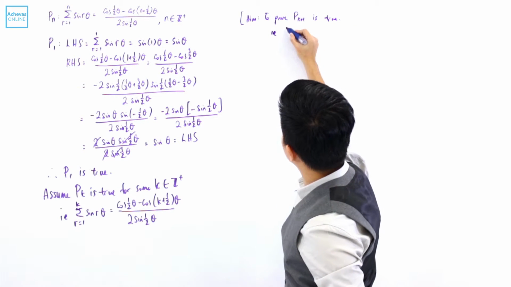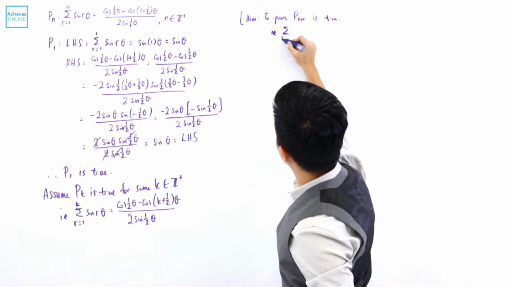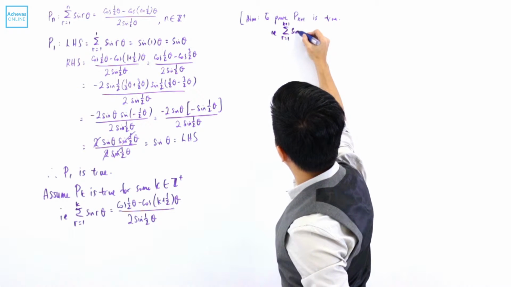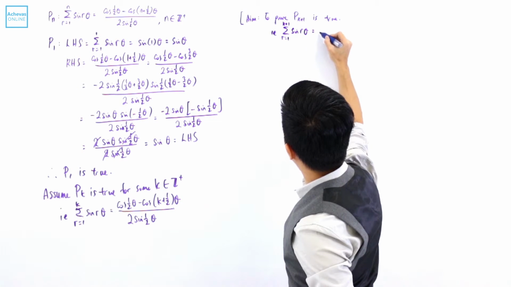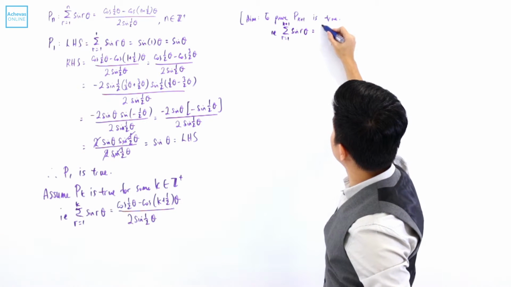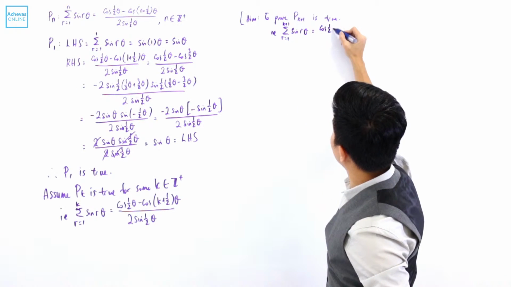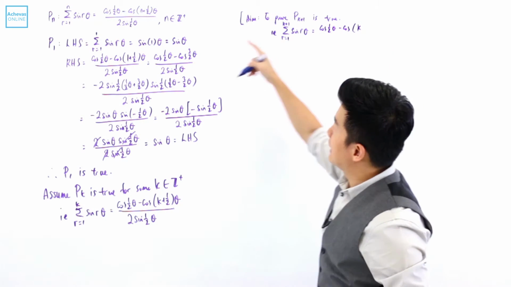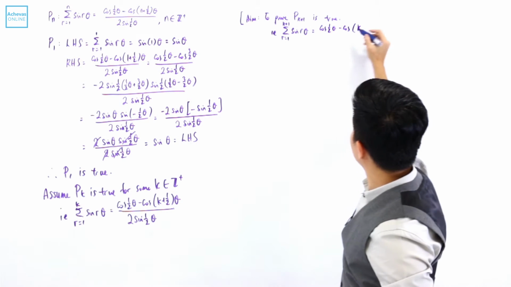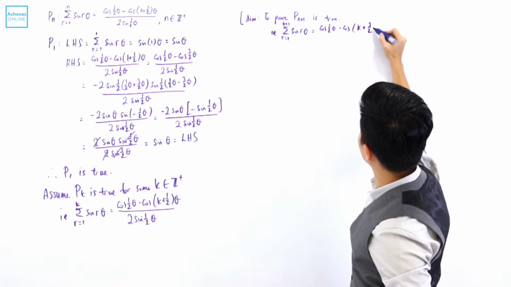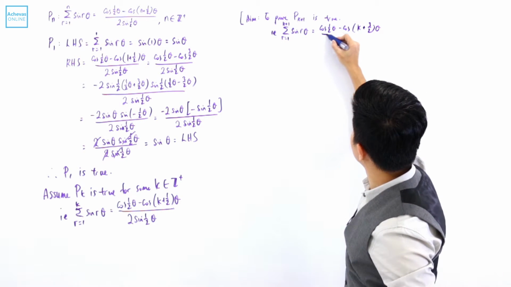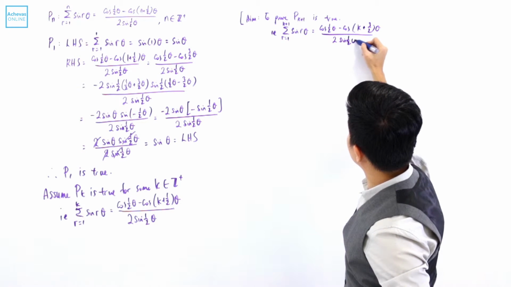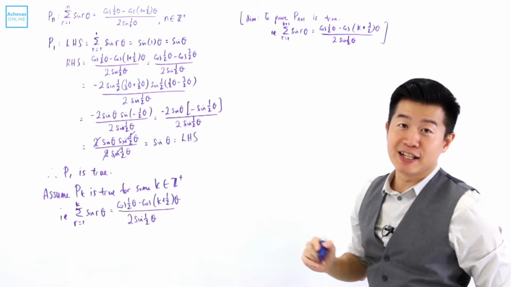That means the summation of r equal to 1 to k plus 1 of sine r theta can be proven to become cosine half theta minus cosine of k plus 1 plus half, so it is k plus 3 over 2 theta, divided by 2 sine half theta. We have to prove that this is true.